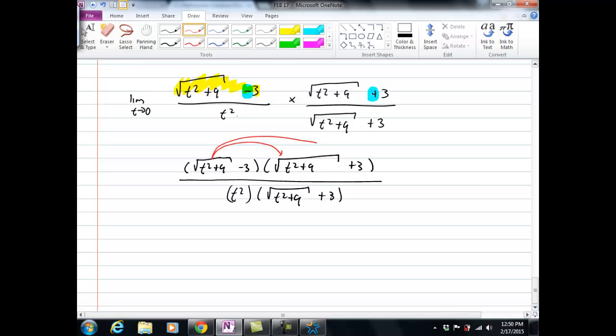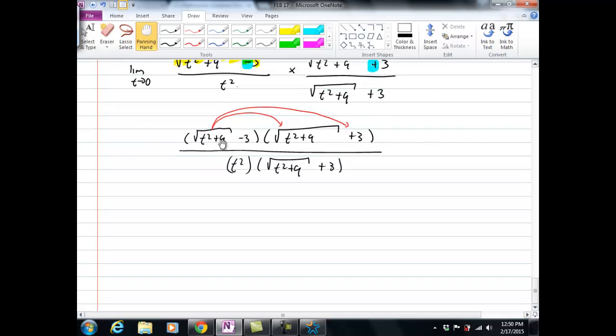And I'm going to just start you off slowly in case you're lost. Square root of t squared plus 9 times square root of t squared plus 9, the square root disappears. You're left with t squared plus 9. Then I go plus 3 square root of t squared plus 9. I'm going to stop right there and give you some time to think about this.